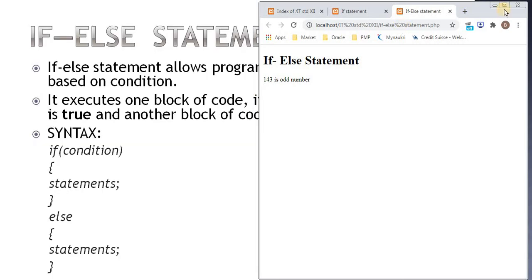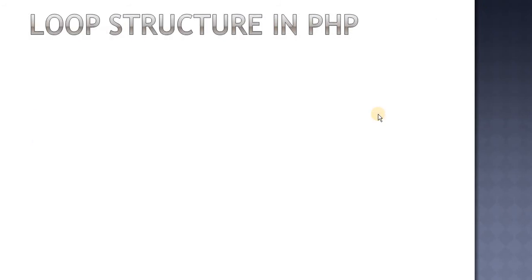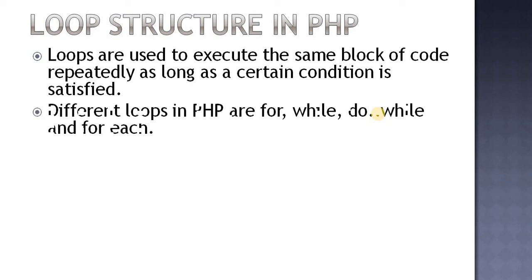The next control statement that we have to see is looping structures in PHP. Loops are used to execute the same block of code repeatedly as long as a certain condition is satisfied. Different types of loops in PHP are for loop, while loop, do while, and foreach.